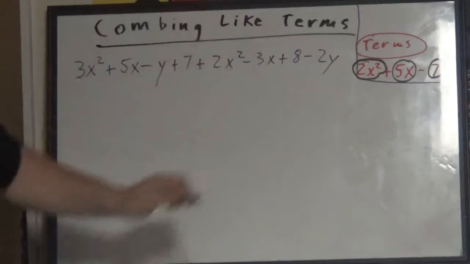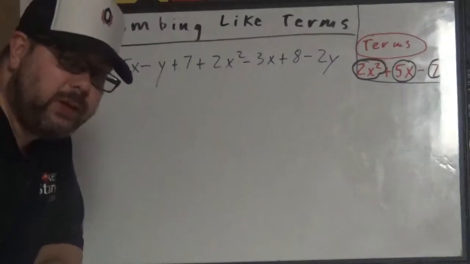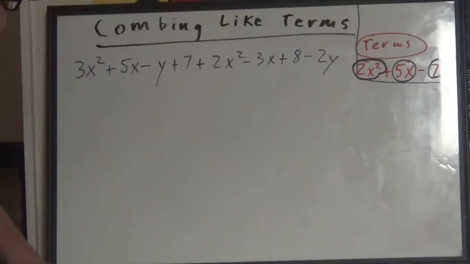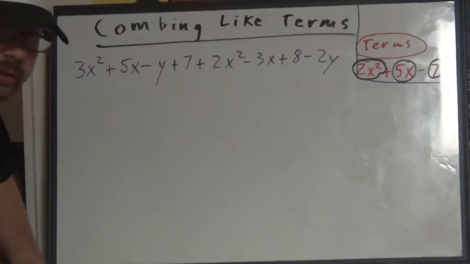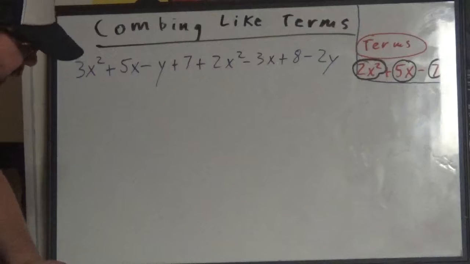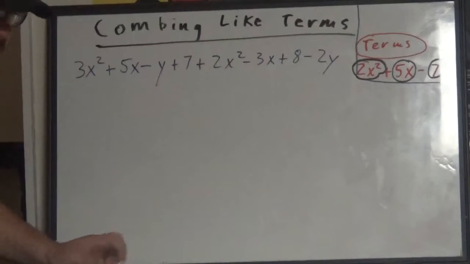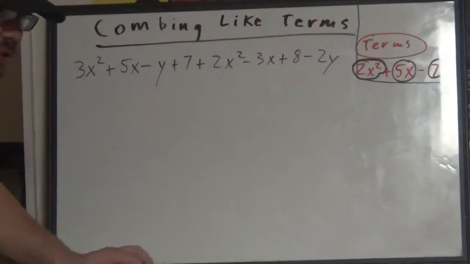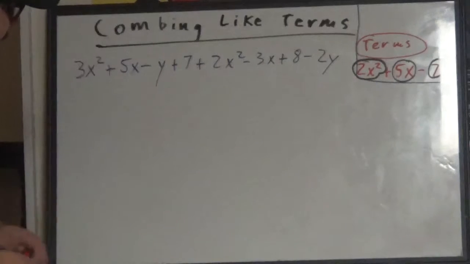We have this big, long, weird-looking expression: 3x squared plus 5x minus y plus 7 plus 2x squared minus 3x plus 8 minus 2y. So what we have here is a big old collection of probably what looks like nonsense if you're not used to combining like terms.